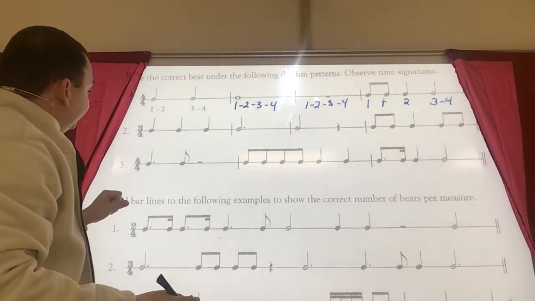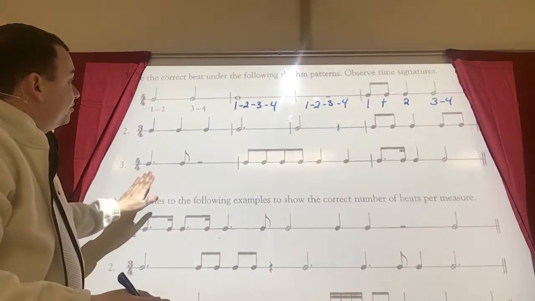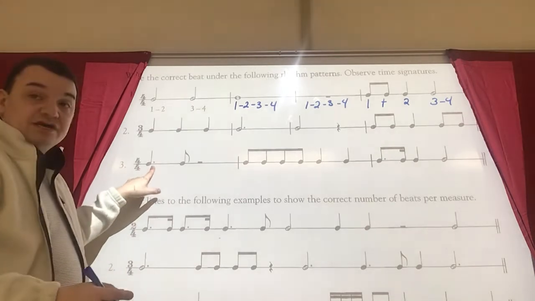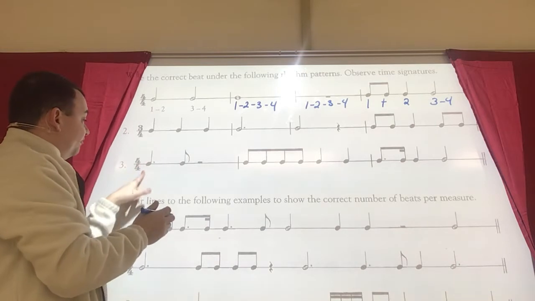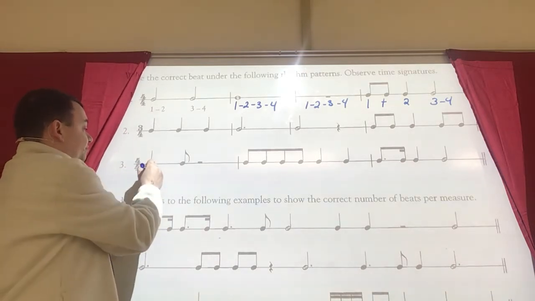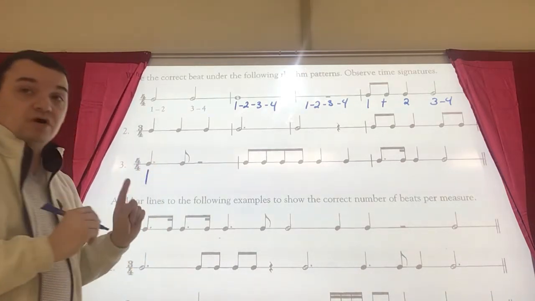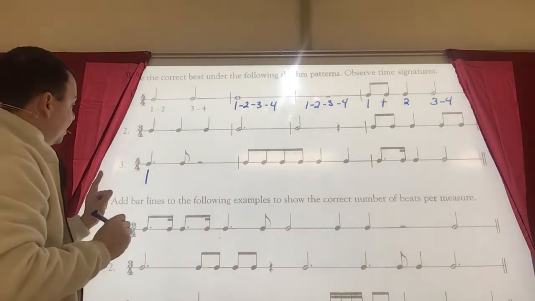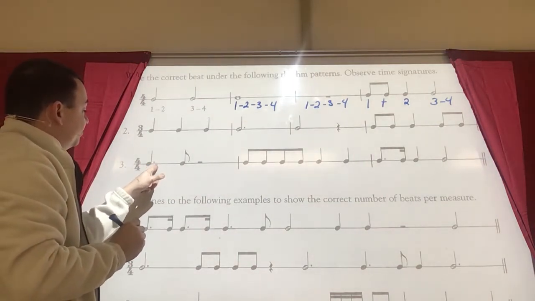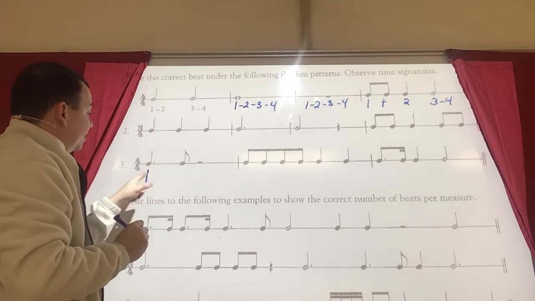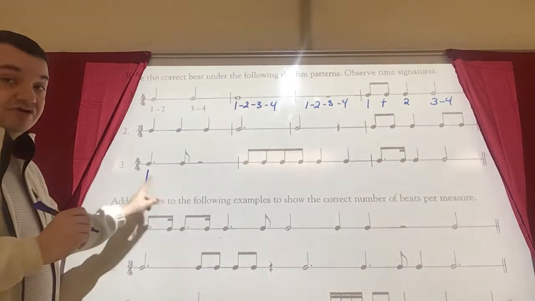If we're looking at number 3, because it has a dotted note in it, we're still in 4/4 time. This quarter note begins on beat number 1, but it also lasts through the beginning of beat number 2. So we're not going to even write a number 2 here at all, actually.